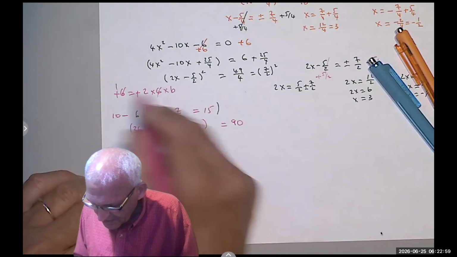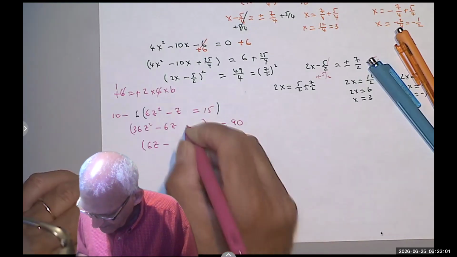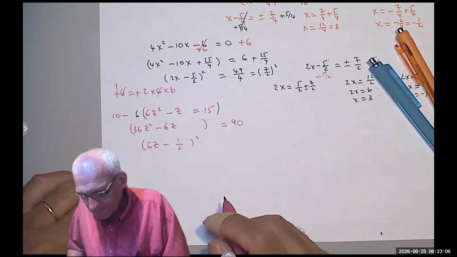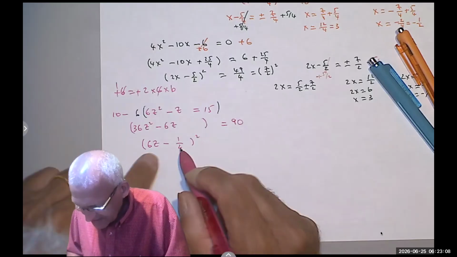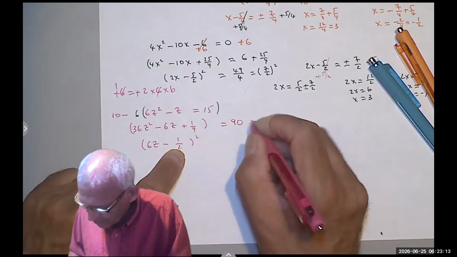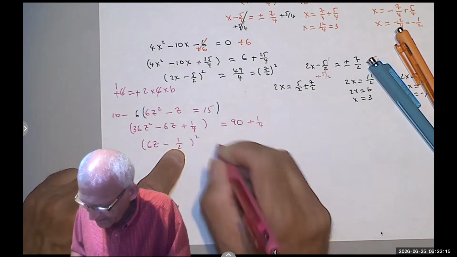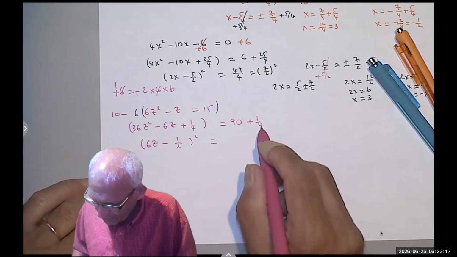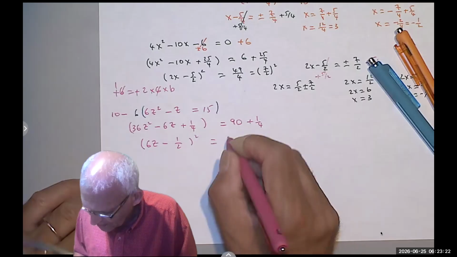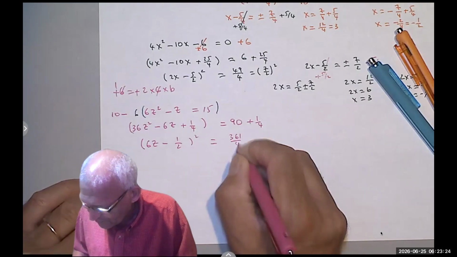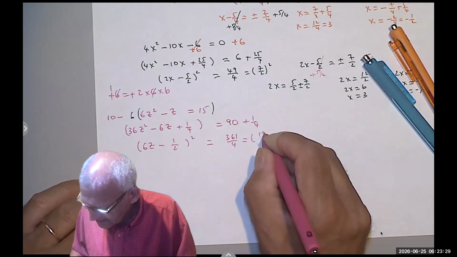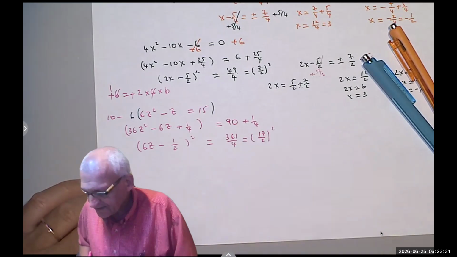So twice b is 1, b is 1 half. When I square it, it becomes a quarter. And since I add a quarter here, I add a quarter there. So 4 times 9 is 36, and a 0 is 360, plus 1 is 361 over 4. I use my calculator, and I say this is 19 halves squared.